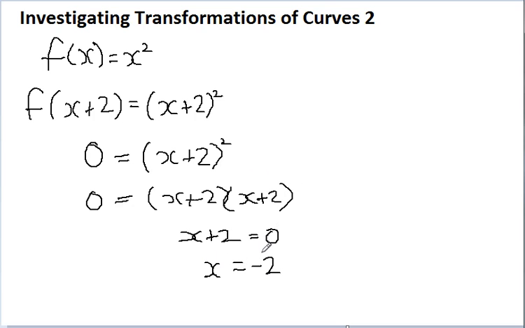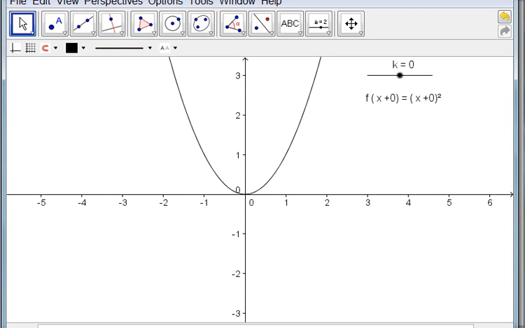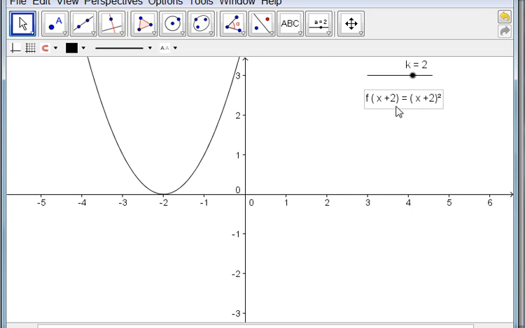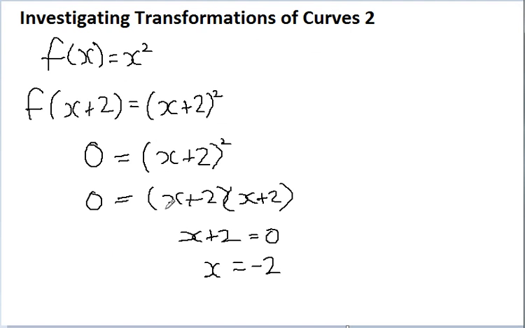That's showing me that I have 2 roots, but they're identical, called repeated roots, at x equals minus 2, which shows why the curve was touching the graph at x equals minus 2 when I plus 2 inside the function. So hopefully that gives you a good explanation as to why it moved left and it didn't move right.